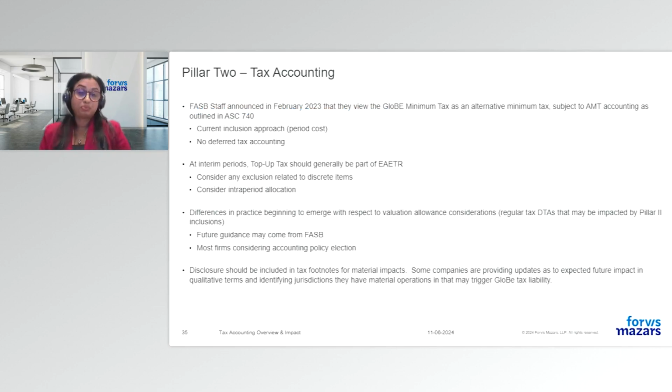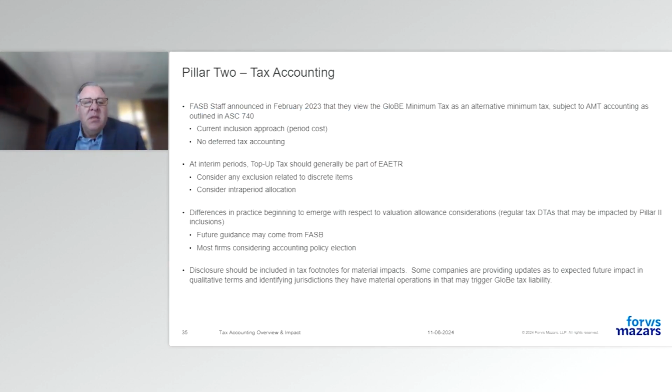Thanks, Reshma. Yeah, so in February 23, the FASB staff announced that they view GLOBE minimum tax similar to the alternative minimum tax and similar to what is now the corporate AMT in the US. So being taxed as a minimum tax, it basically states that you have a current inclusion approach. It's a period cost. So you recognize the additional tax in the period that it's due.